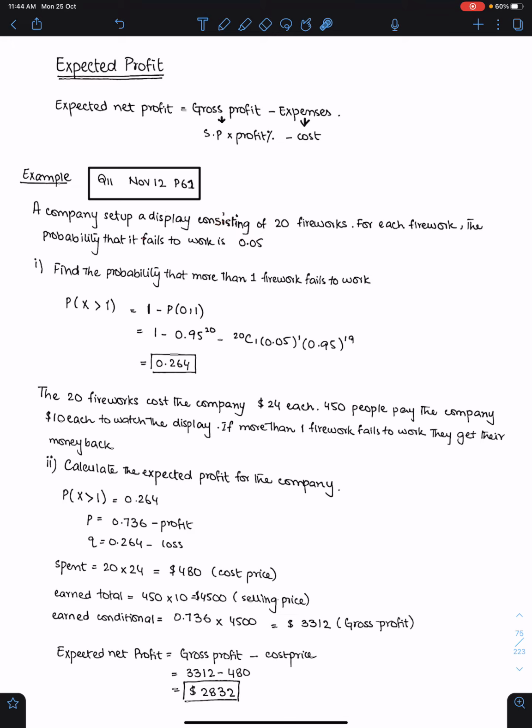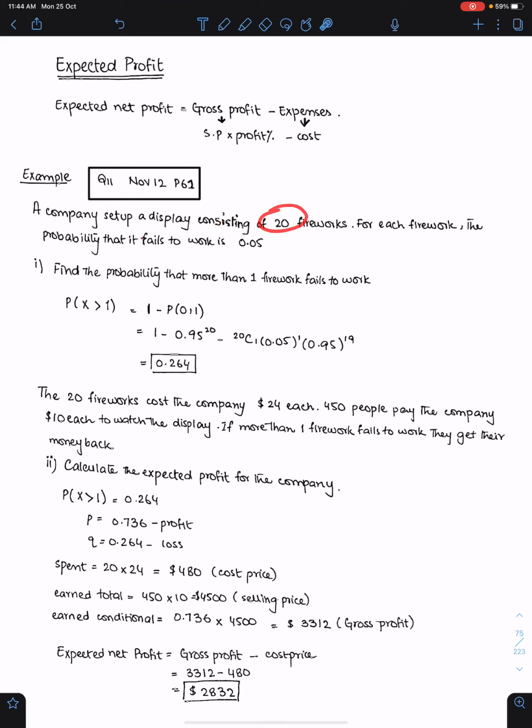This is the question. A company set up a display consisting of 20 fireworks. For each firework, the probability that it fails to work is 0.05. Find the probability that more than one firework fails to work. So we need this probability. For that we need to use the indirect method, 1 minus P(0) minus P(1).